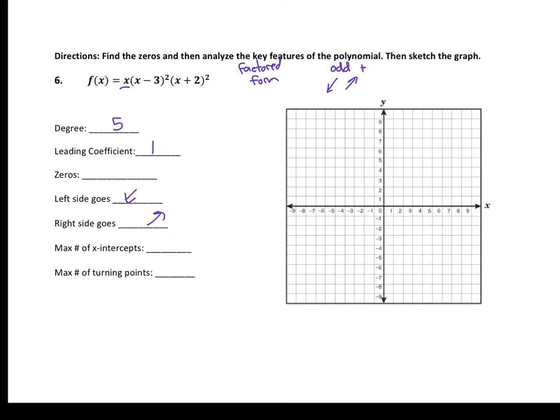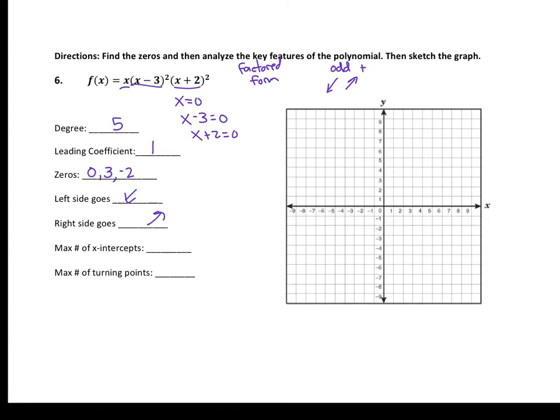For our zeros, we're going to set every x factor to 0. So we've got x equals 0, x minus 3 equals 0, x plus 2 equals 0. That gives us 0, positive 3, and negative 2 for our zeros.